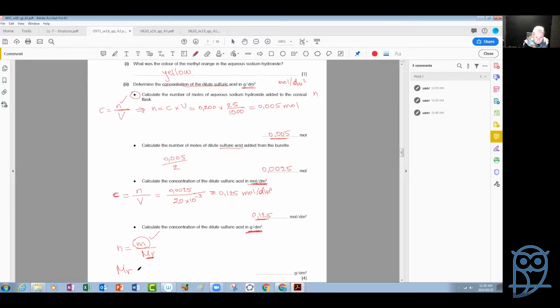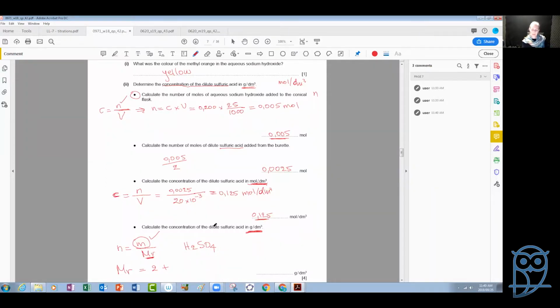So for this, now we will be needing some values from the periodic table. This is the formula of the sulfuric acid. We have 2 hydrogens, so it's 2 times 1, plus 1 sulfur.